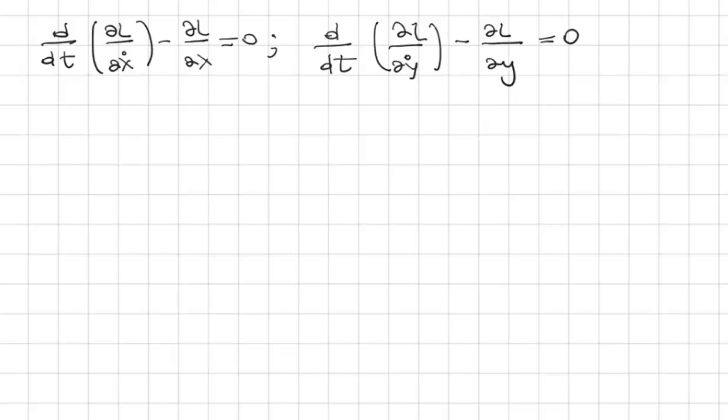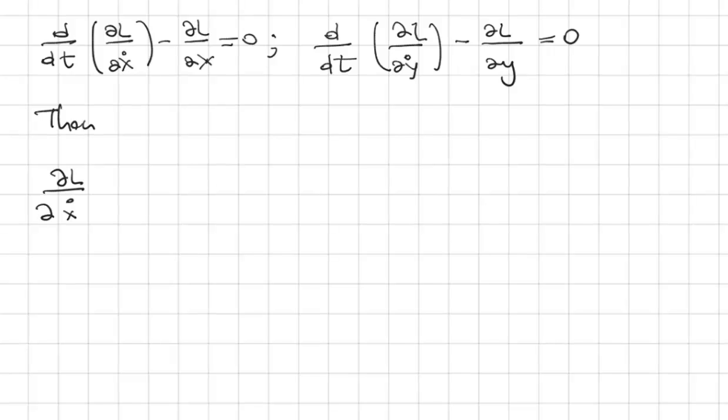These are the Lagrange equations, and remember the generalized coordinates for this system are x and y. So we have to have the same number of equations as the generalized coordinates for this system, okay? Then let's calculate dL/dx dot first. Let's work with the x coordinate first.